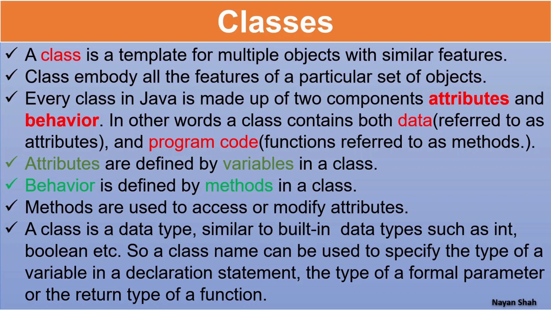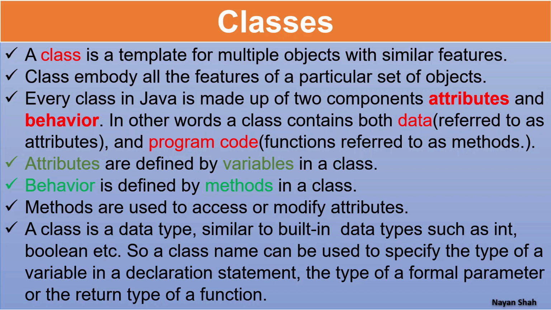We create methods in order to modify the values of the attributes. We have a variable, let's say interest, and to change the value of that variable, we write some methods, some functions which will modify the values of attributes.